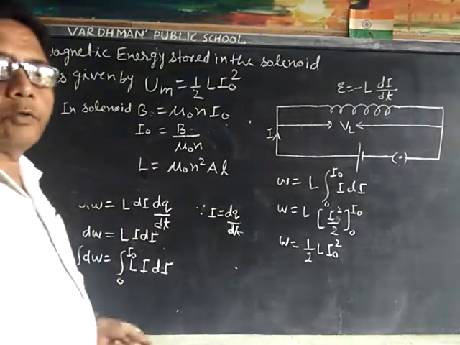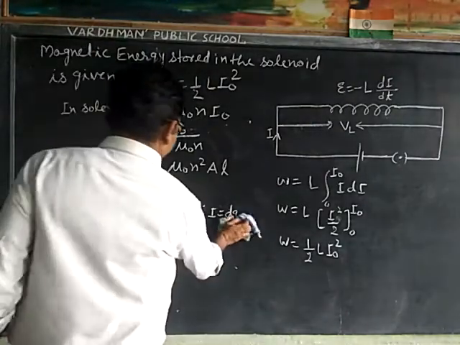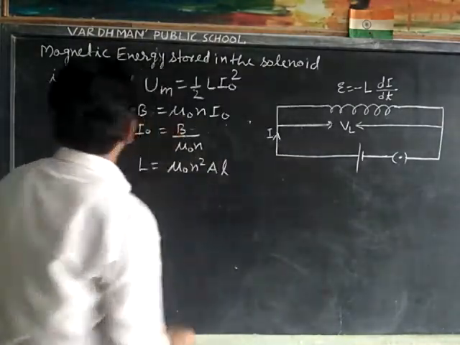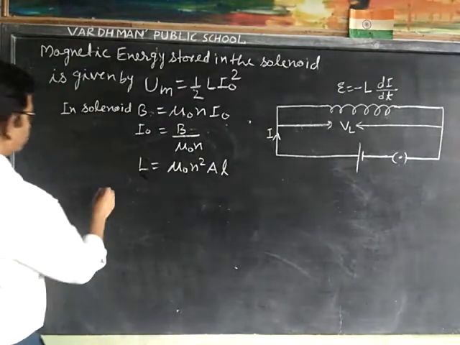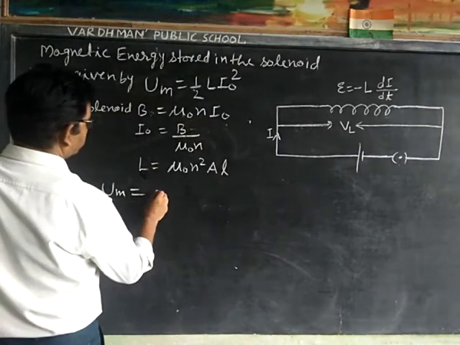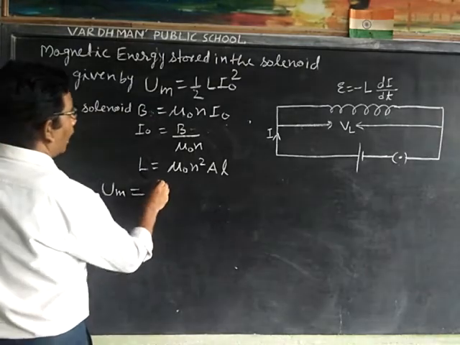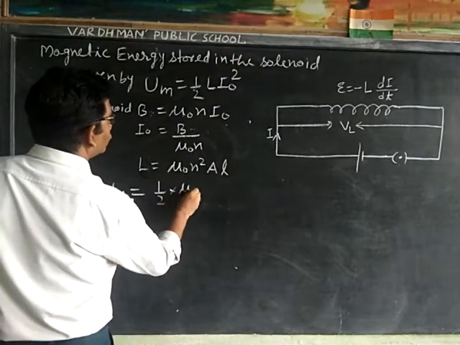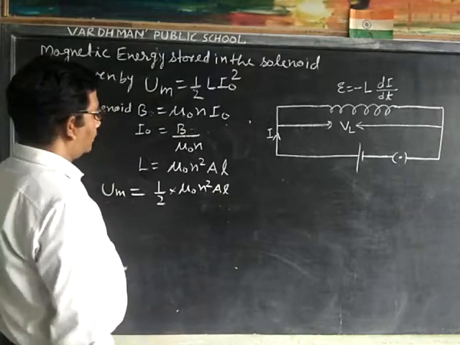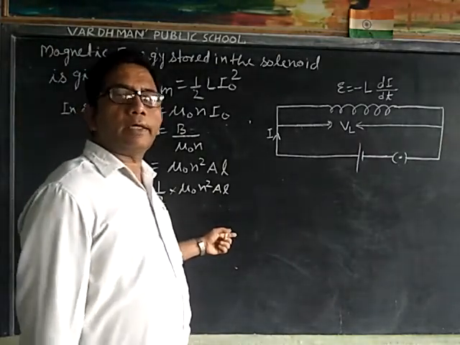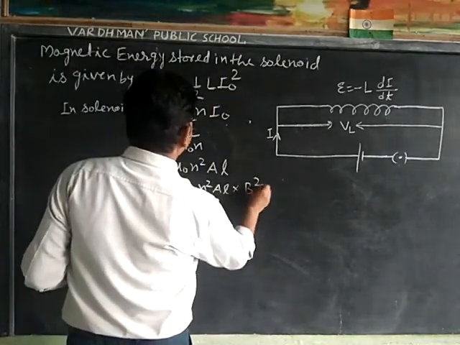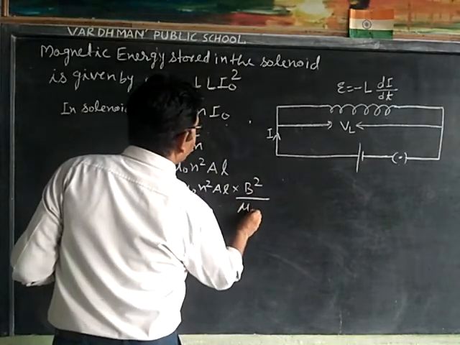Now we put these values: Um is equal to half times mu 0 n square A l times I0 square, that is B square upon mu 0 square n square.